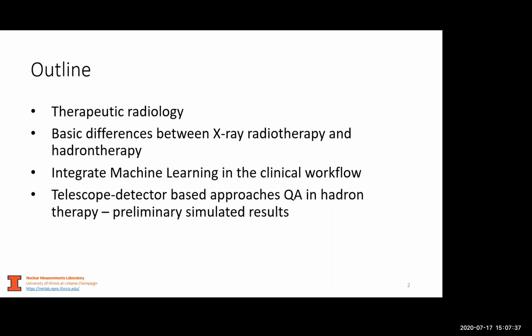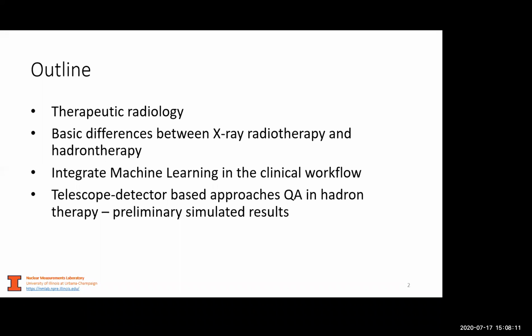I'm going to give a brief outline of the talk since it may be slightly different from the previous talks of this series. And therefore, I'll be introducing a little bit about therapeutic radiology in general and basic differences between the commonly standard X-ray radiotherapy as compared to hadron therapy. And next, I will identify two challenges that we've been tackling so far.